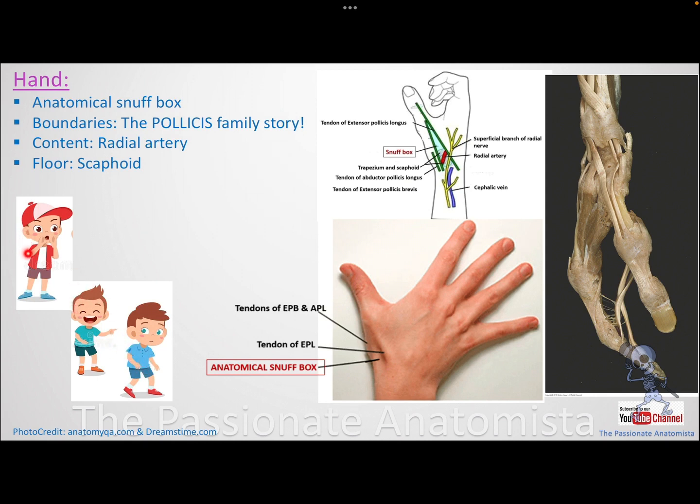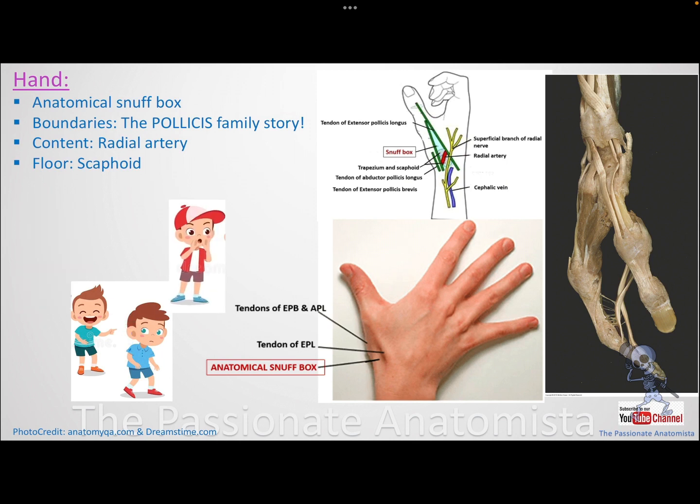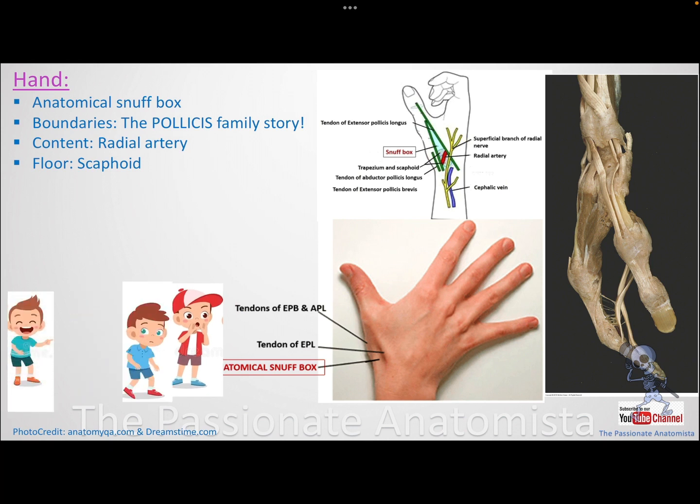Then their cousin, abductor Pollicis longus, a cousin from other parents but the same Pollicis family, decided to go to this little guy and join him, so they became together, and they left the Extensor Pollicis longus alone. So remember, abductor Pollicis longus and Extensor Pollicis brevis are moving together, and the Extensor Pollicis longus tendon is moving alone.